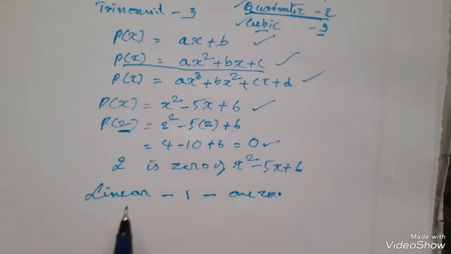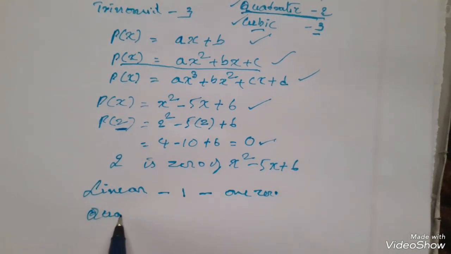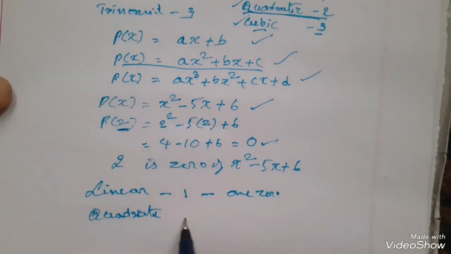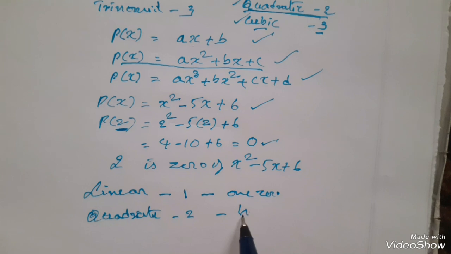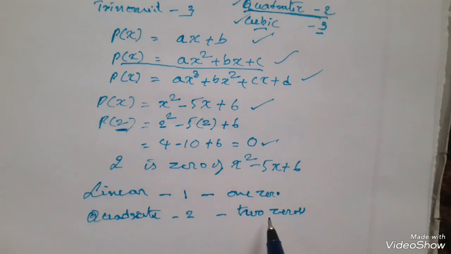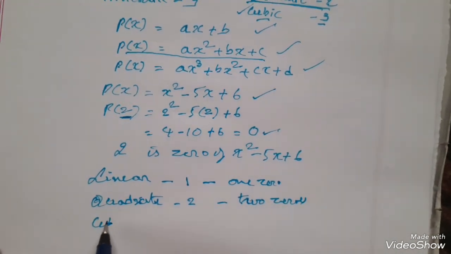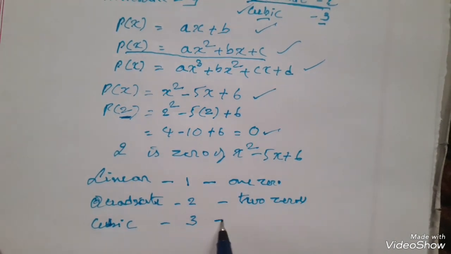The degree of the quadratic polynomial is 2, so it has 2 zeros. And the degree of cubic polynomial is 3, so it has 3 zeros.